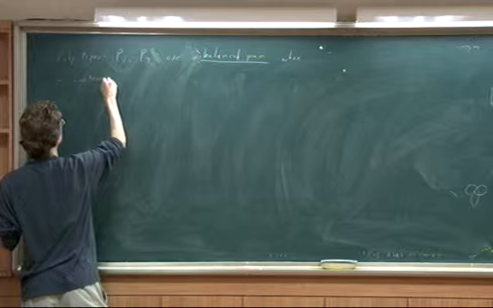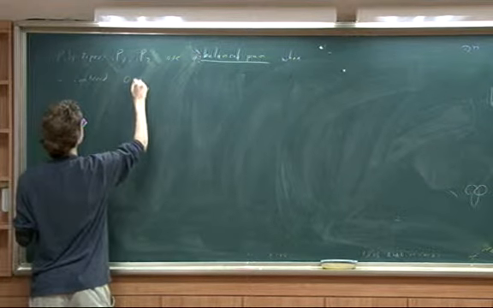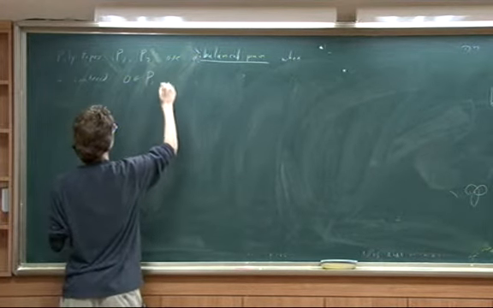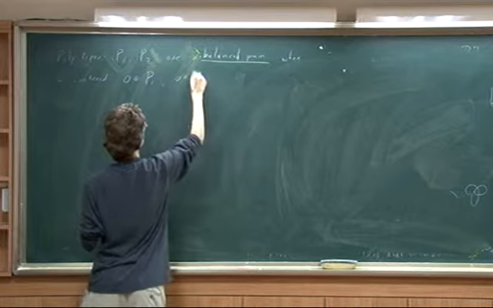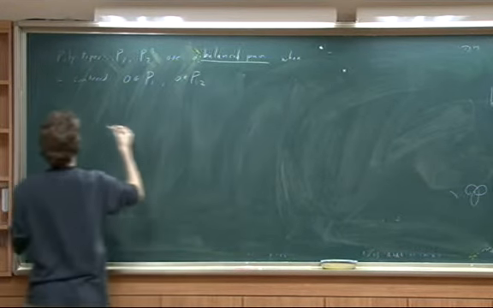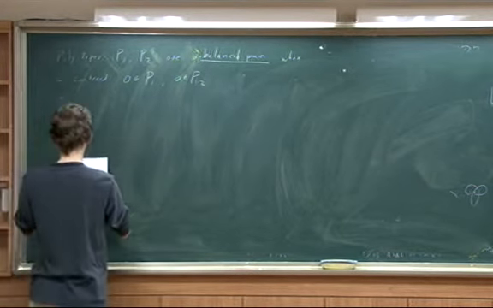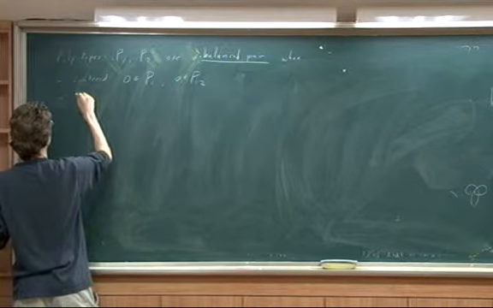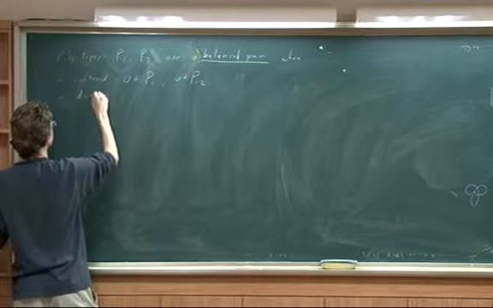This means 0 is in P1, the origin is in P1, and also the origin is in P2, right? They have to be dual to each other.